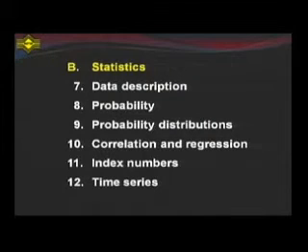The topic of probability includes the probability of a combined event, conditional probability, and the rule of total probability. Topic 9 covers discrete and continuous random variables. This topic also covers binomial, Poisson, and normal distributions. Topic 10 deals with Pearson correlation coefficient and Spearman rank correlation coefficient.